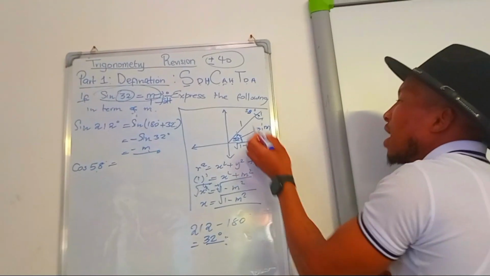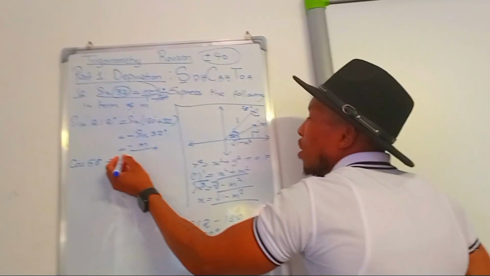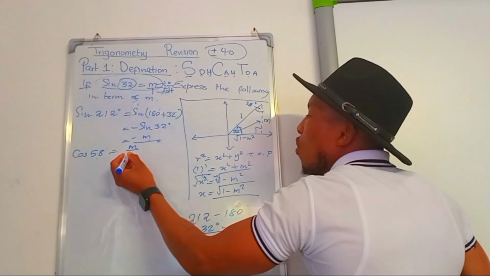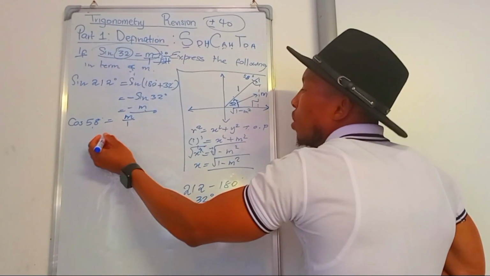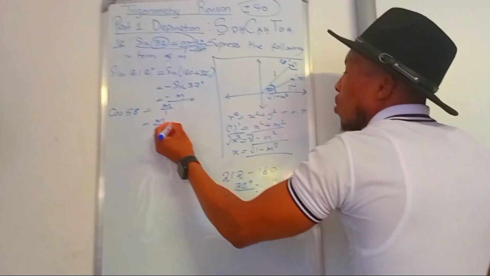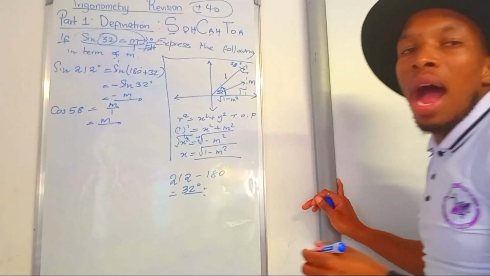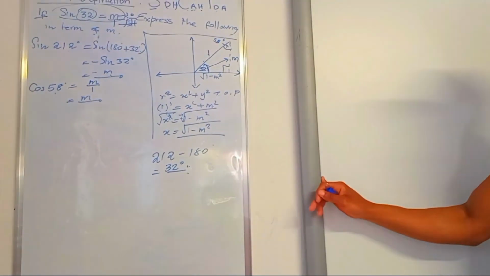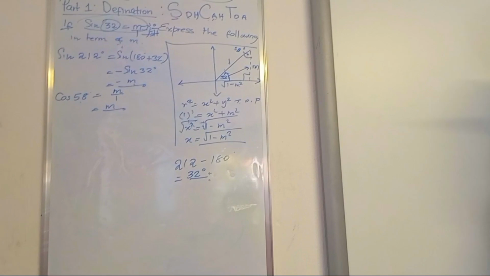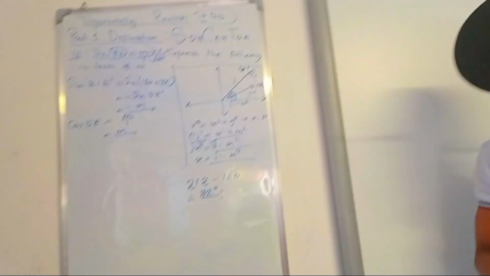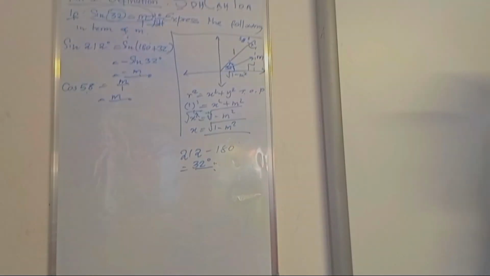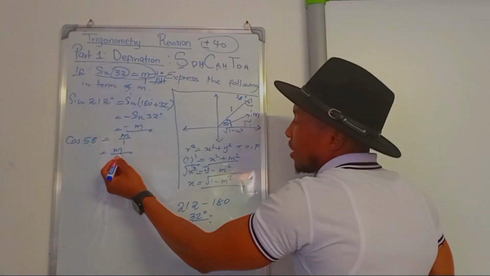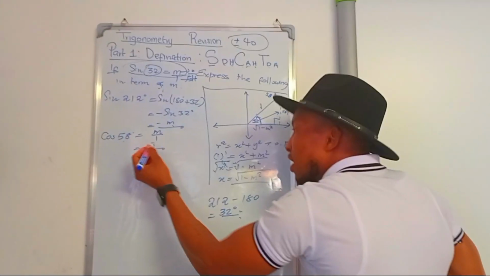Therefore, it is m over 1, which gives you m. Adjacent over hypotenuse. All right, let's go. Then we have another question, where cos 58 degrees is equal to m.